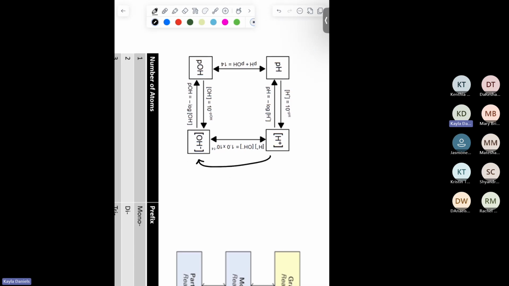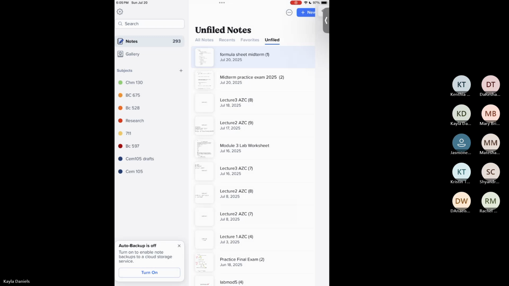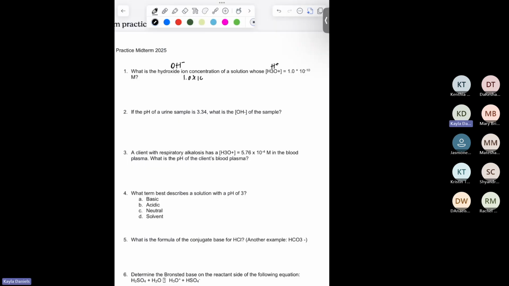We want to use the KW formula, 1.0 times 10 to the negative 14th equals the concentration of H plus times OH. So 1.0 times 10 to the negative 14th equals the concentration of OH times H plus. I have the concentration of this, I can plug that in here. To get OH by itself, I'll divide each side by H plus.